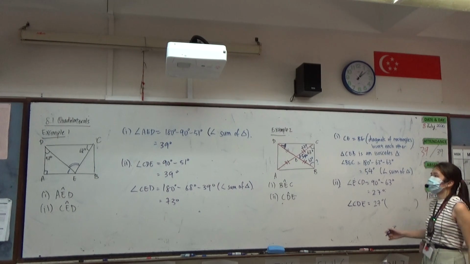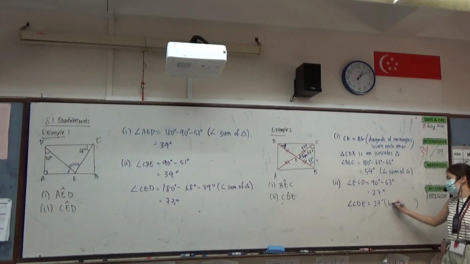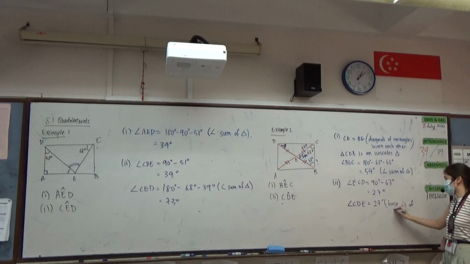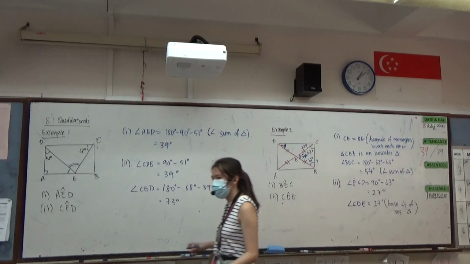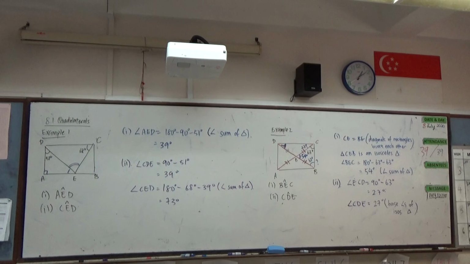So that makes triangle CDE an isosceles triangle. Therefore, we use base angles of isosceles triangle. Okay. Yes. Sorry? I can't hear you. Yes.